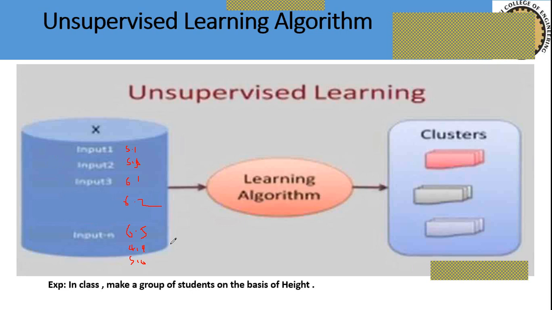So what we have to do here? We are making clusters like this. All the students having height between 5 and 6, we are keeping in one cluster. All the students having height 4 to 5, we are keeping in one cluster. And all the students having height greater than 6, we are keeping in one cluster.